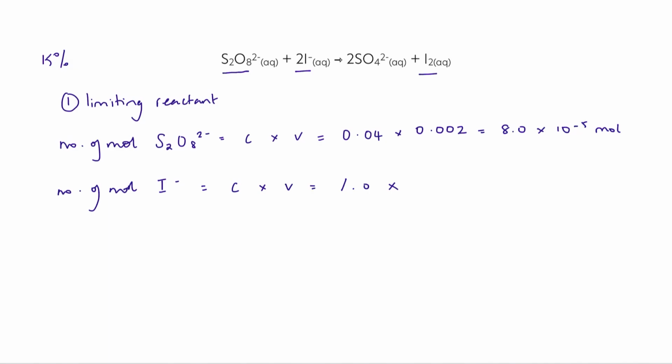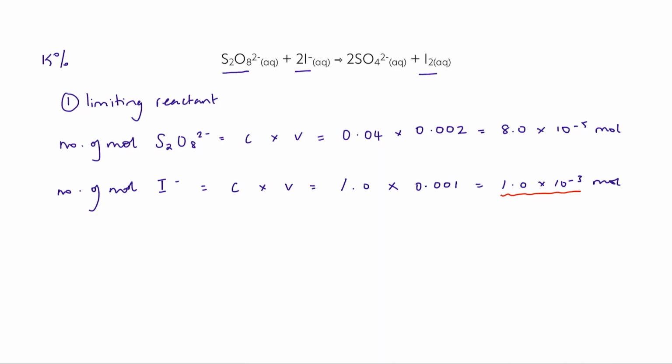So I start off with 5, then 4, then 3, then 2, then 1. So that's 0.001 decimeter cubed. So that comes out as 1 times 10 to the minus 3 mole. So 1.0 times 10 to the minus 3 mole.